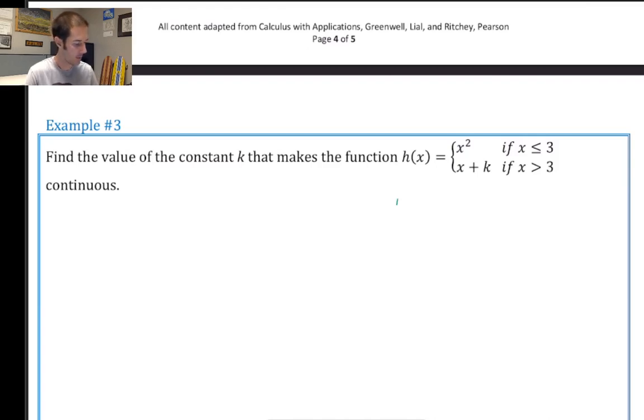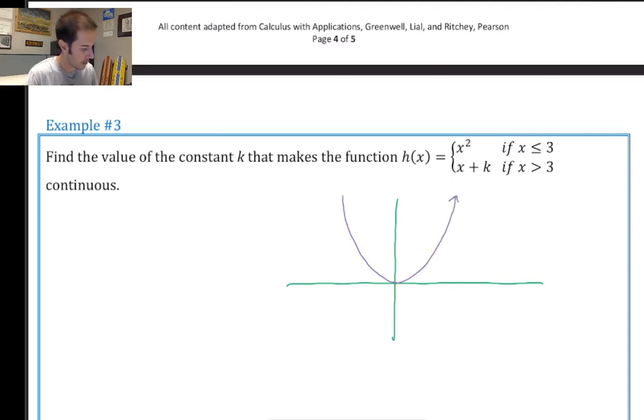And this graph we know pretty well. My parabola that I would normally draw would pass right through the origin for x squared, except we're not looking at this entire parabola. We only want to use the part where x is less than or equal to 3.